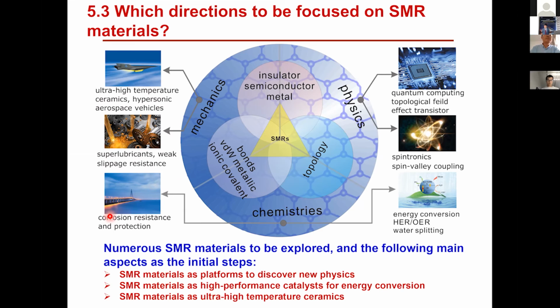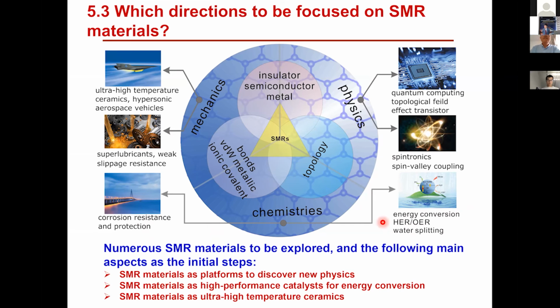We can use six-member ring materials in corrosion resistance and protection, and also energy conversion, such as hydrogen evolution and oxygen evolution in water splitting. So there are actually numerous six-member ring materials that need to be explored. We don't know how many, and I'm sure there are many.